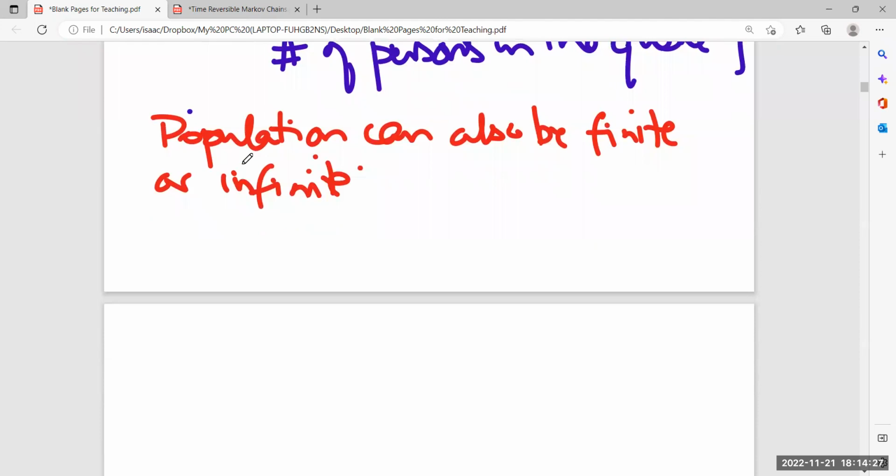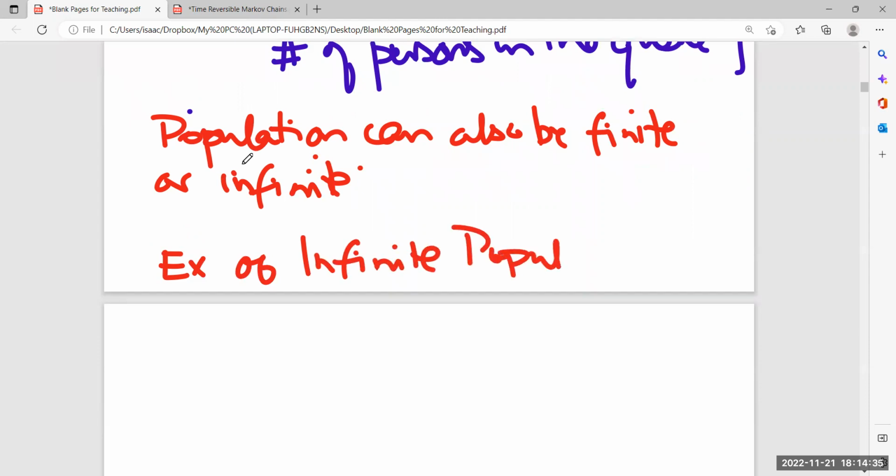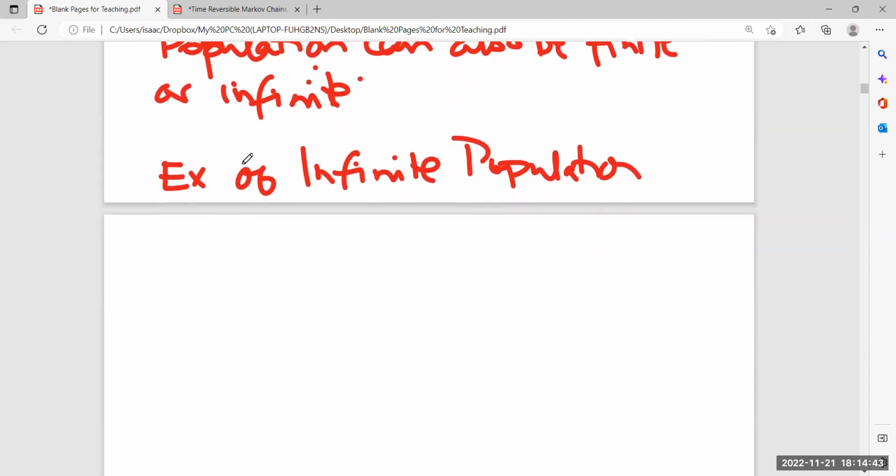So an example of an infinite population: well, there are some doctors who will never refuse anybody. So whoever they get, this is your doctor here.